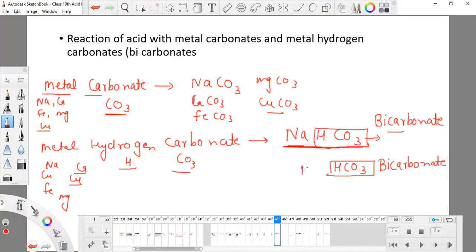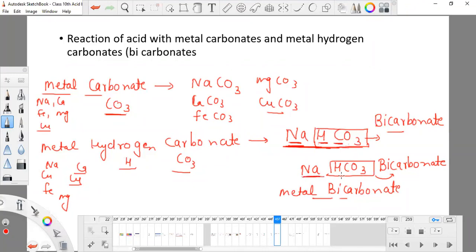So if I go with the root of bicarbonate, I can say that it is metal bicarbonate. There are two names of this thing: sodium hydrogen carbonate, or sodium bicarbonate.